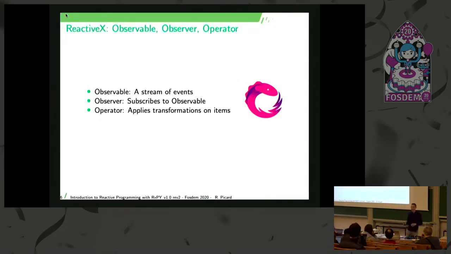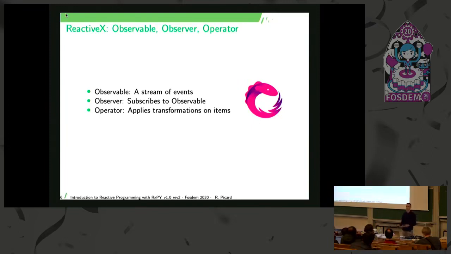If you want to understand what ReactiveX is, you basically need to understand 3 things. The first one is what an observable is. An observable is just another name for a stream of events. And by the way, we do not name them events, but usually we name them items. So an observable is something that emits some items.